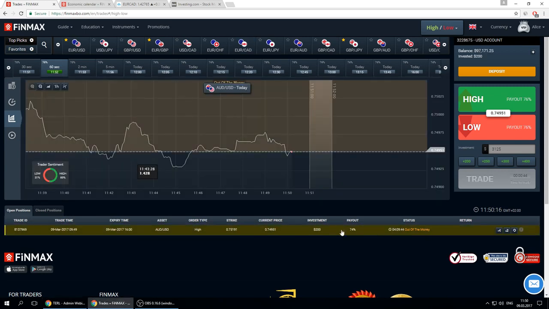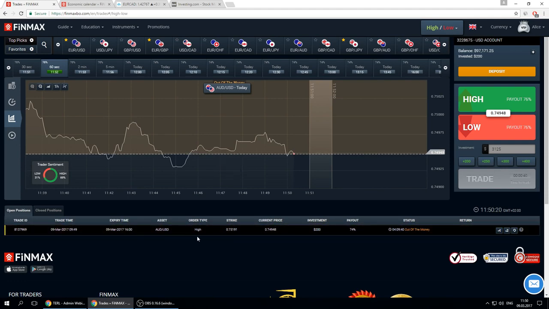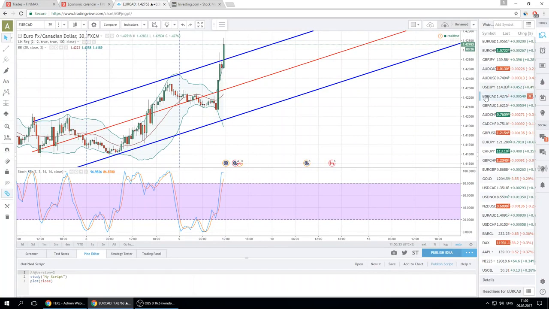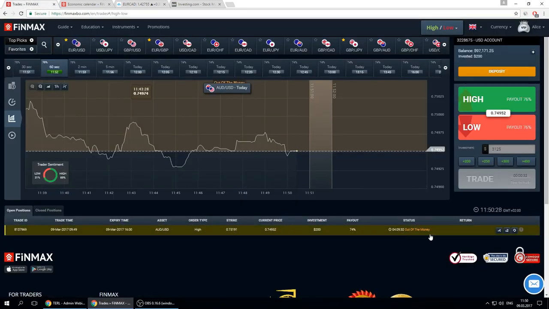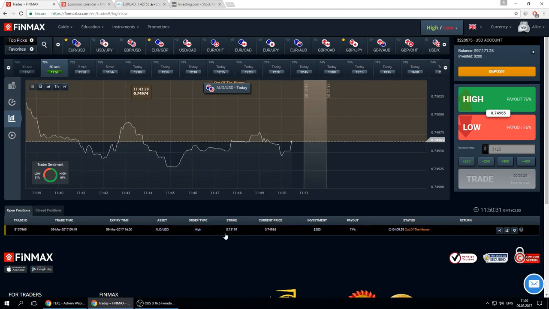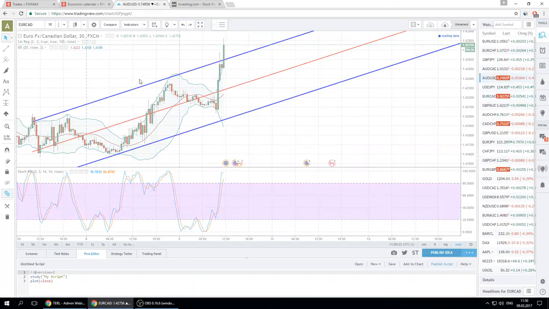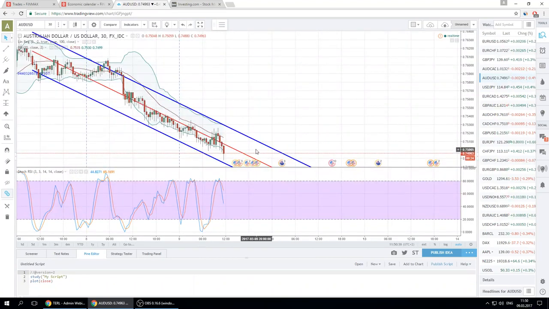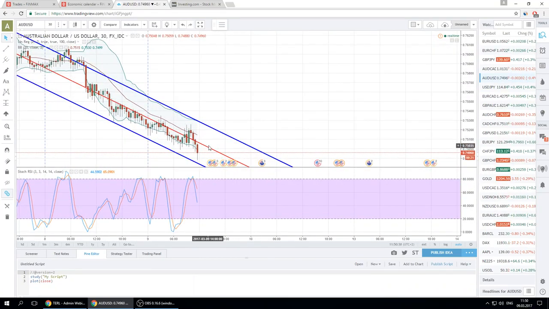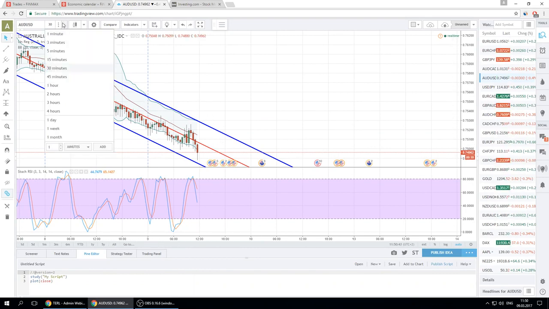Okay, I will ask to show the chart for this asset, and how I think if this trade will expire in the money or out of the money, and what I will do. Basically Australian dollar to American dollar, here we see that within the last couple of hours it was falling.